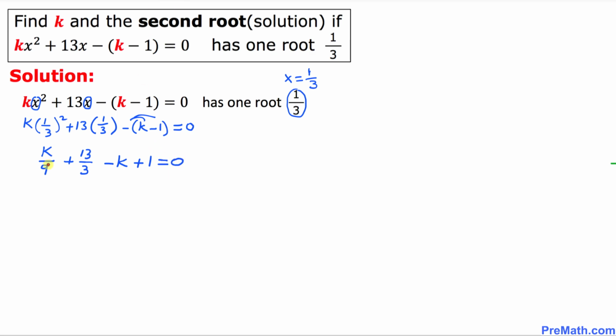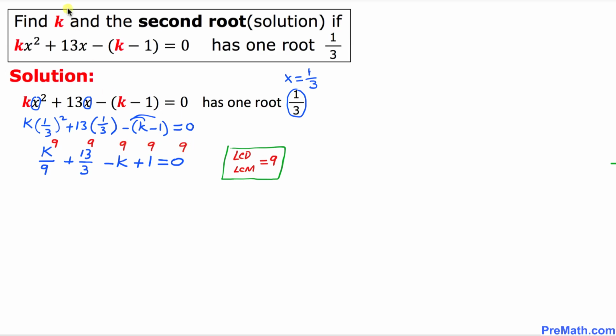Let's focus on these denominators. We got 9 and 3. So our least common denominator, or sometimes we call it least common multiple, is 9. That means I am going to multiply each and every term by 9 across the board.